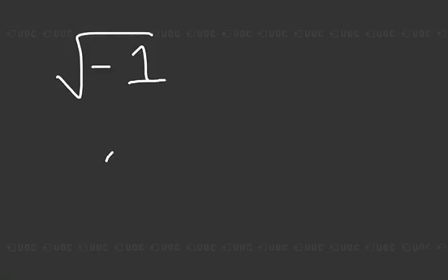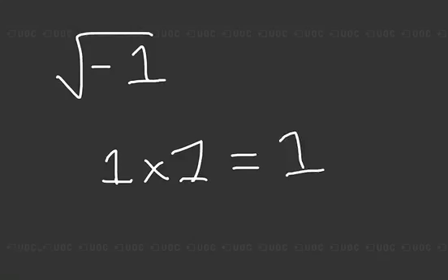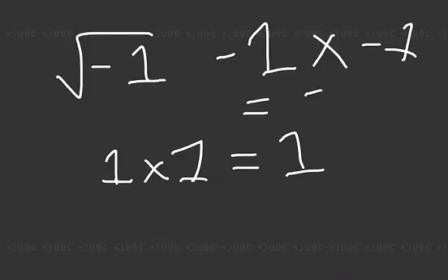Well, maybe it's 1. So 1 times 1, wait a minute, that's 1. Oh, maybe it's -1. No, -1 times -1 is equal to 1. And the reason why this is so difficult is because a negative multiplied by a negative is a positive.